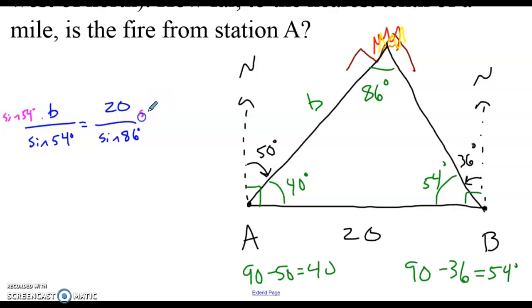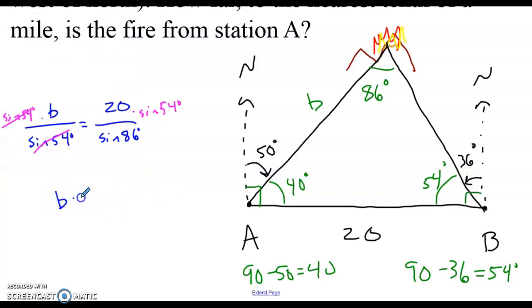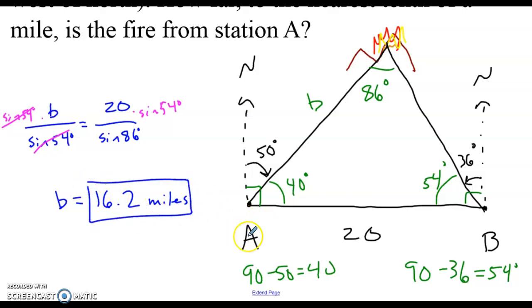Multiply both sides by the sine of 54 degrees. That'll cancel. And then you just use your calculator: 20 times the sine of 54 divided by the sine of 86, which I've already done. You can see I get 16.2. So side length b is approximately 16.2, which means that the fire is about 16.2 miles away from station A.